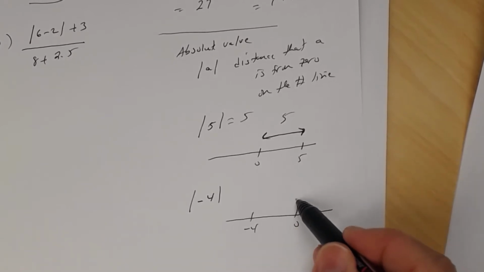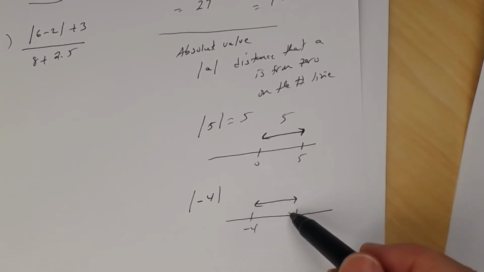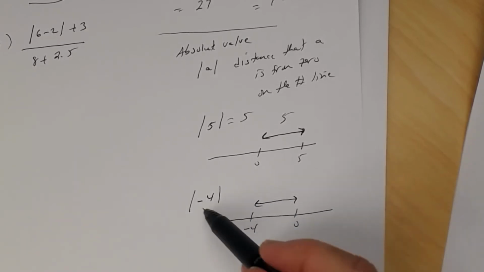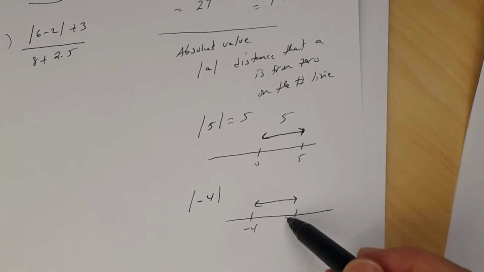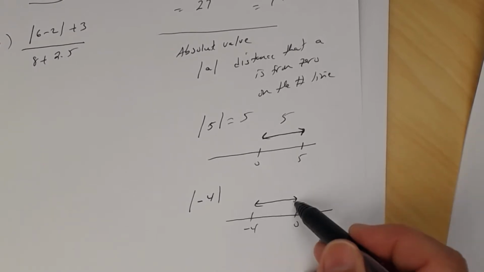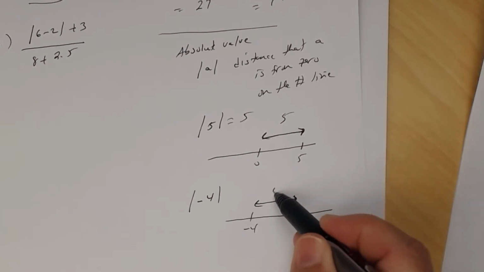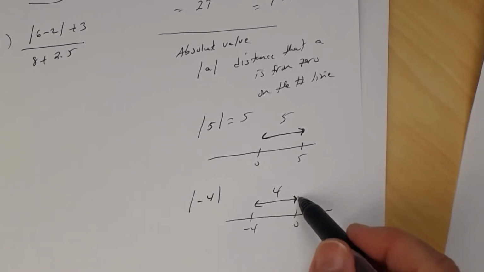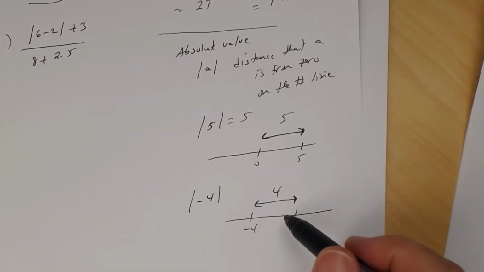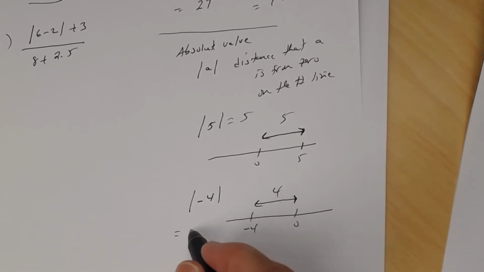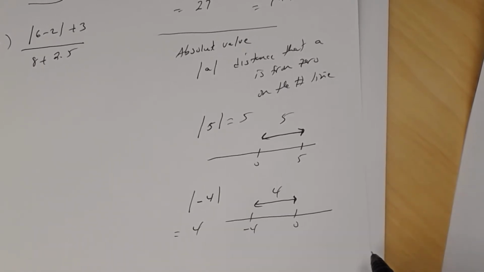Negative 4 is 4 units from 0, 4 units to the left. So the absolute value of negative 4 is 4.